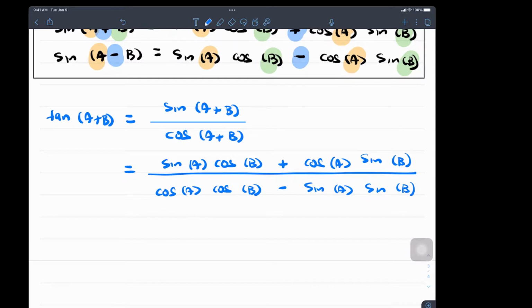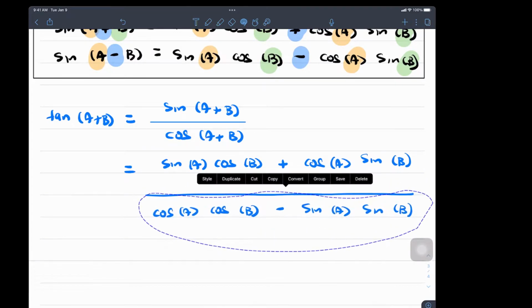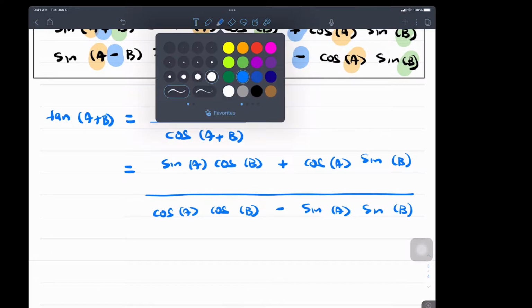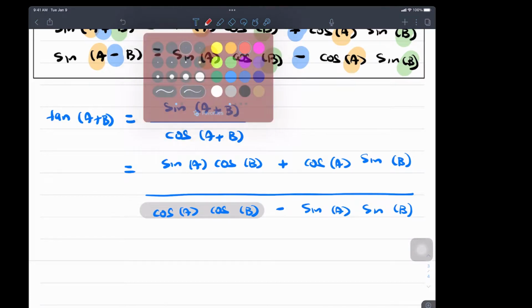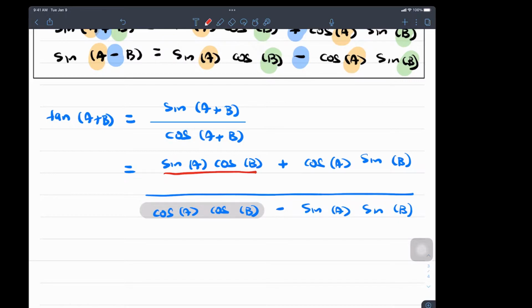And then what we're going to do here is the following. I'm going to divide every term by cosine A cosine B. I can do that, algebraically speaking.